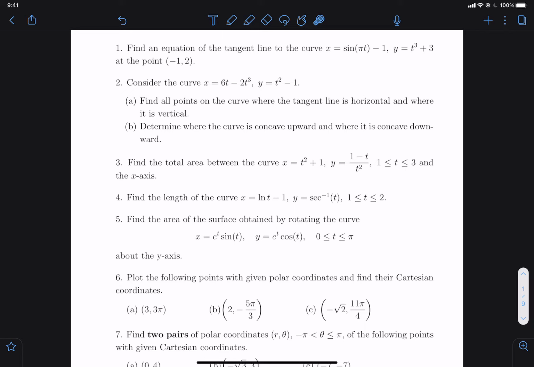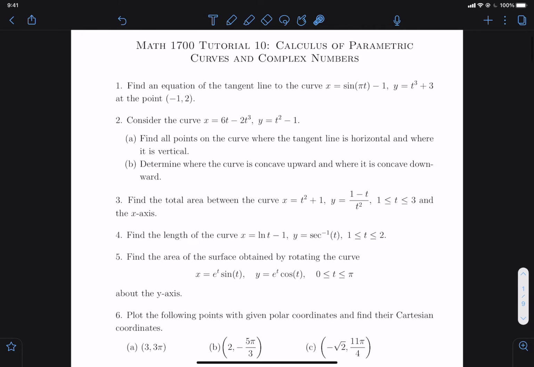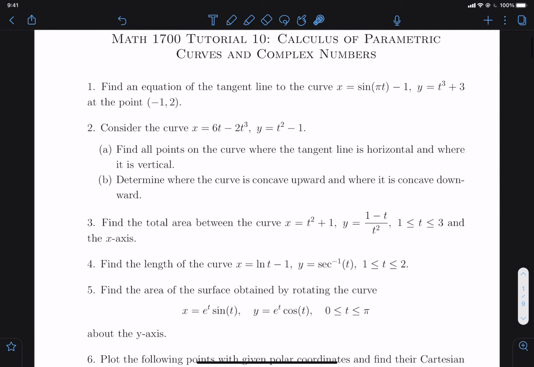For question 1, find an equation of the tangent line to the curve at the point -1, 2. We actually have known how to do this in the course Math 1500, and here we're just going to do it the other way, in the form of parametric curves.